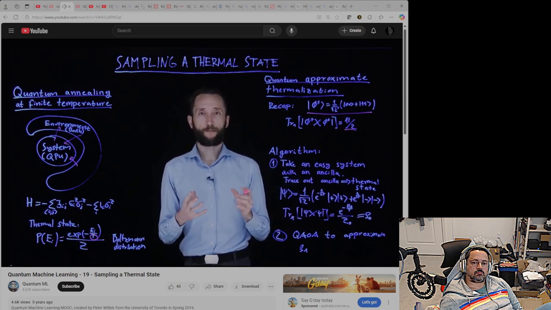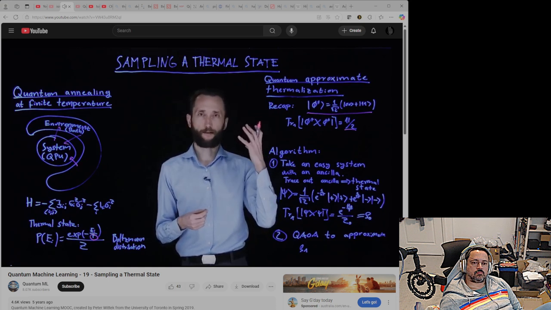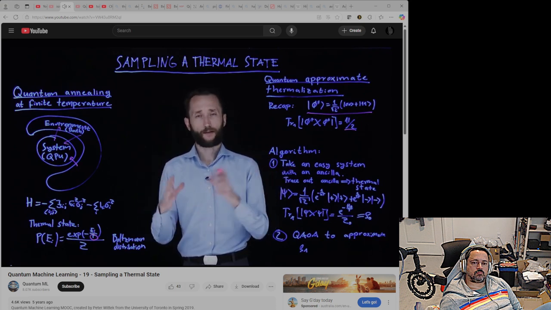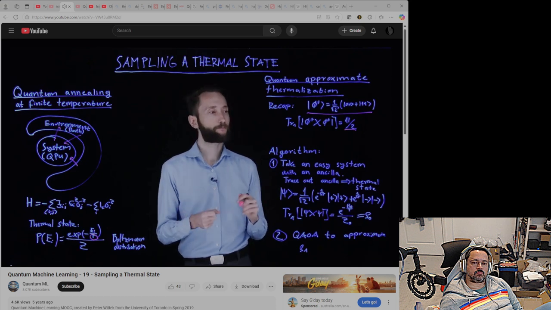Now, the maximally mixed state is just the thermal state at infinite temperature. So can we take this idea further and have some larger system, trace it out, and get the thermal state? And that's exactly what you are doing.